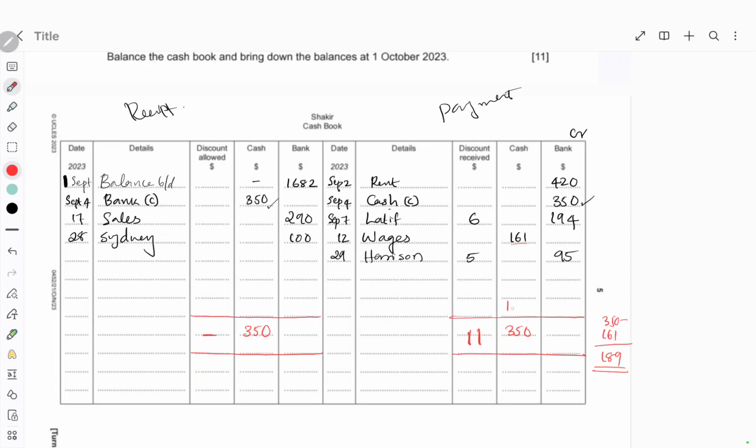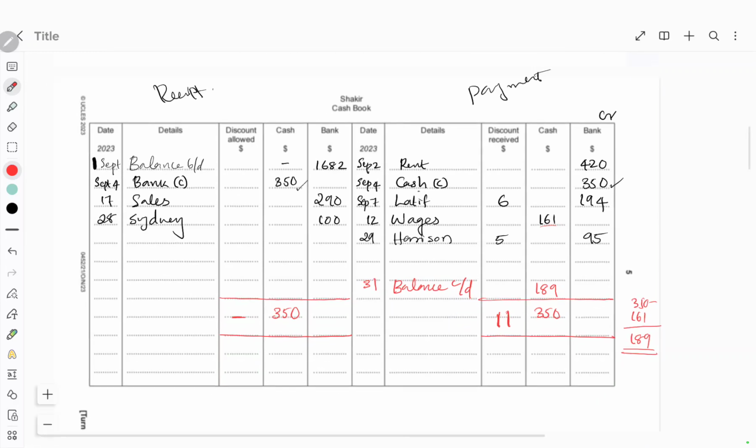So write here 189 as a balancing figure. That is called closing balance carried on 31st. Okay, balance carried on, and we have to draw down that balance here, October 1st, the next month's starting day. We will write here balance b/d, means brought down. So bring down that balance here, 189.